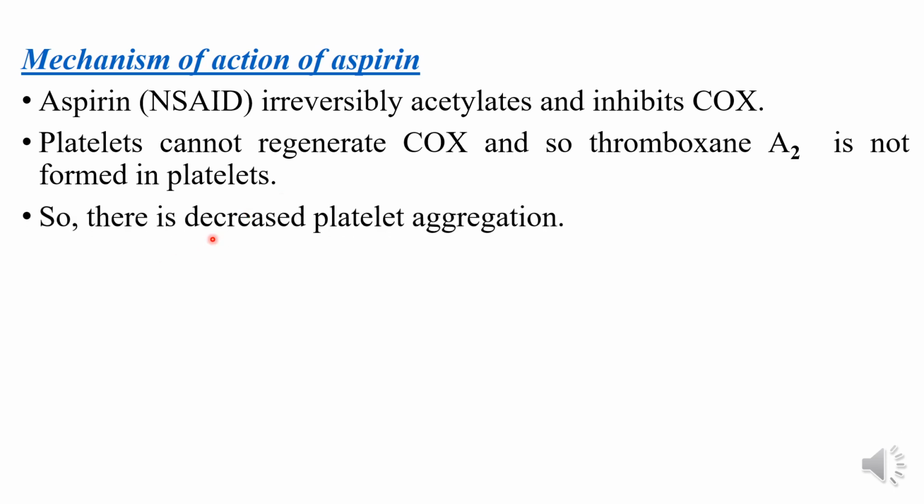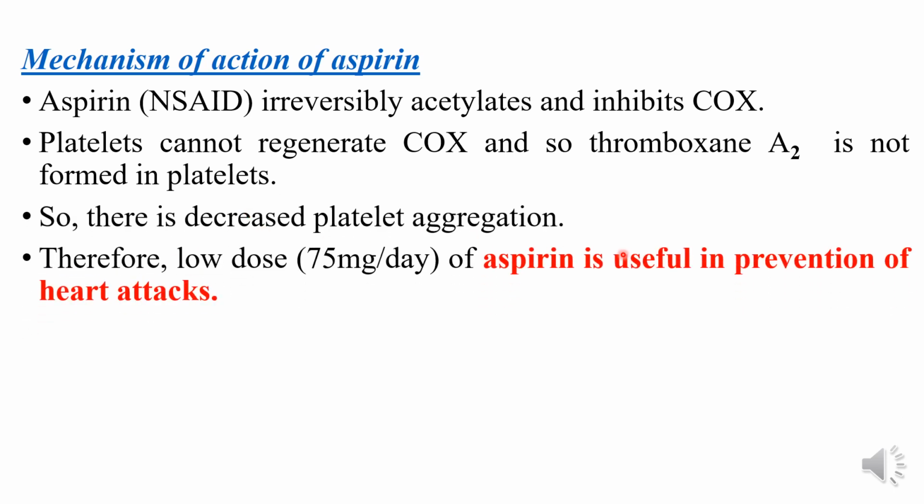So there is decreased platelet aggregation, and therefore a very low dose of 75 milligrams per day of aspirin is used in the prevention of heart attacks. Aspirin is basically a non-steroidal anti-inflammatory drug which is given to patients who are prone to heart attacks at a very low dose because it inhibits platelet aggregation.